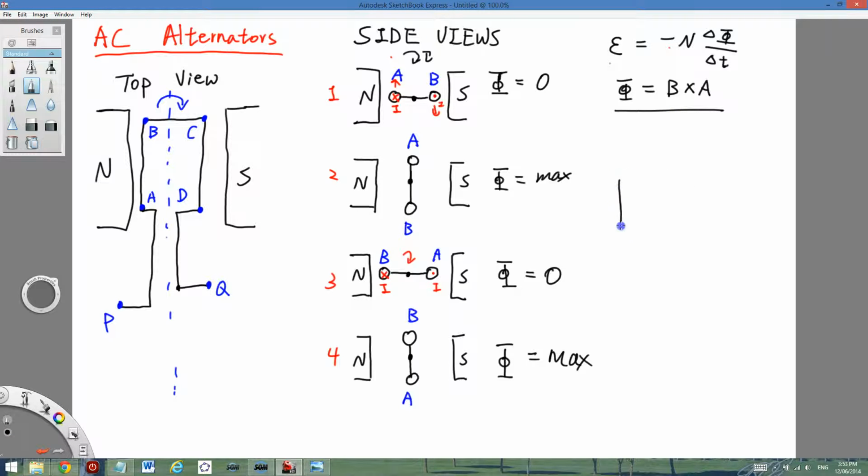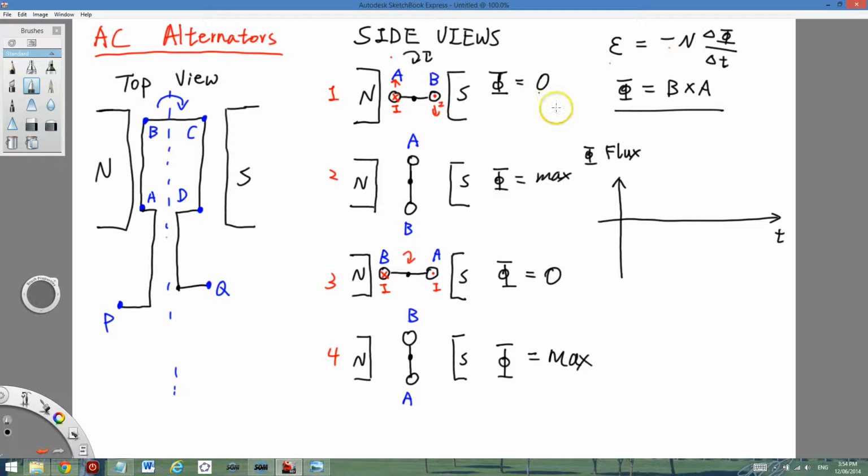Now, if someone asks me to sketch a graph of the current, let's sketch a graph of magnetic flux first. Let's forget about current for now and just concentrate on magnetic flux.